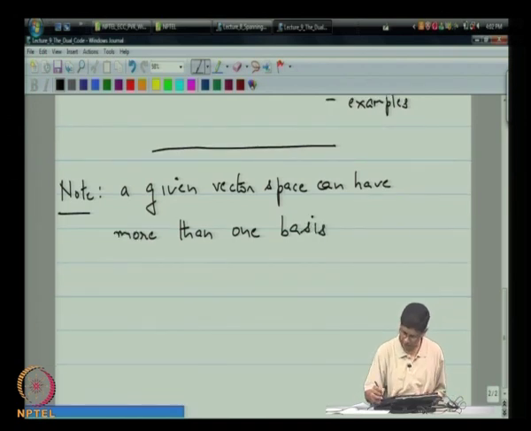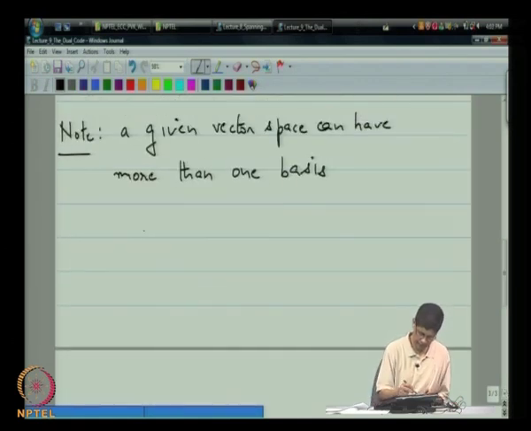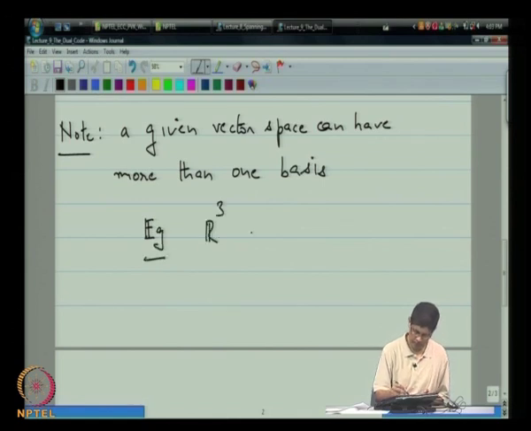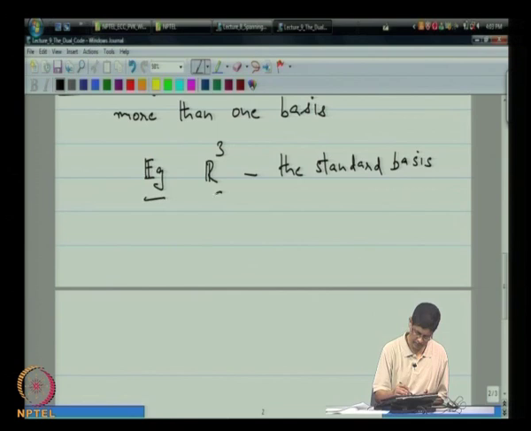For example, if you look at R3, then you have the standard basis which we looked at last time.